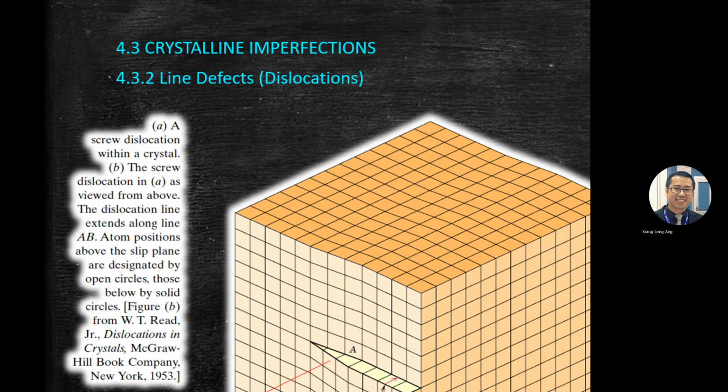So this is called the Burgers vector. Just now the statement, the Burgers vector is parallel to the dislocation line. Okay, this is what we mean by parallel. Burgers vector is actually the distance traveled by the defect side. It's like an earthquake, how far the earthquake happened.